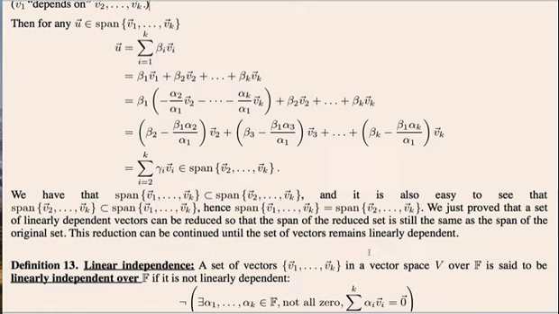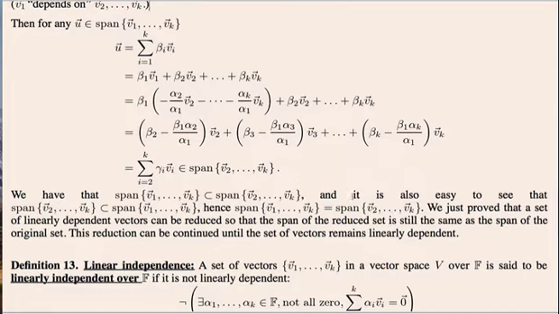It is also simple to see that the span of the smaller set of vectors is in the span of the larger set, because if you just take the first coefficient 0, you get all the linear combinations of v2 through vk, but the larger set also contains other linear combinations, so it is seemingly a larger set. But since we already showed that the span of v1 through vk is in the span of v2 through vk, and also the other containment, or subset, then what we get is that the two spans are the same.